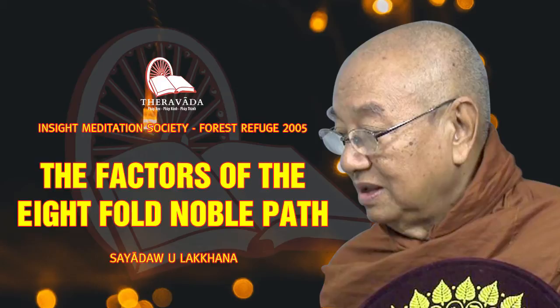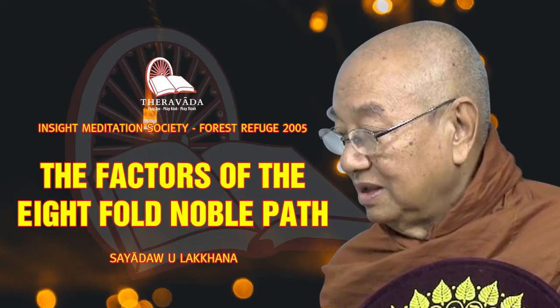Yesterday, Sayadaw discussed how, while we are doing this meditation practice, we are cultivating the Eightfold Noble Path, the 8 factors of the Noble Eightfold Path. So, the objects of meditation are none other than the 4 satipatthanas, the body, feeling tone, mind and general objects, that is kaya, vedana, citta, dhamma.